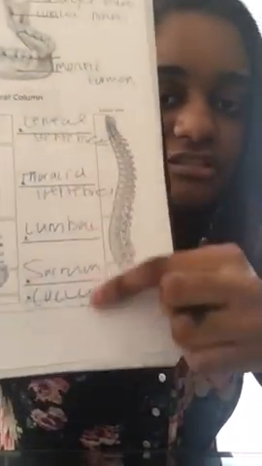Then after that, there's the thoracic vertebrae. Then there is the lumbar, excuse me. Then the sacrum. And the coccyx. As you can see right there.